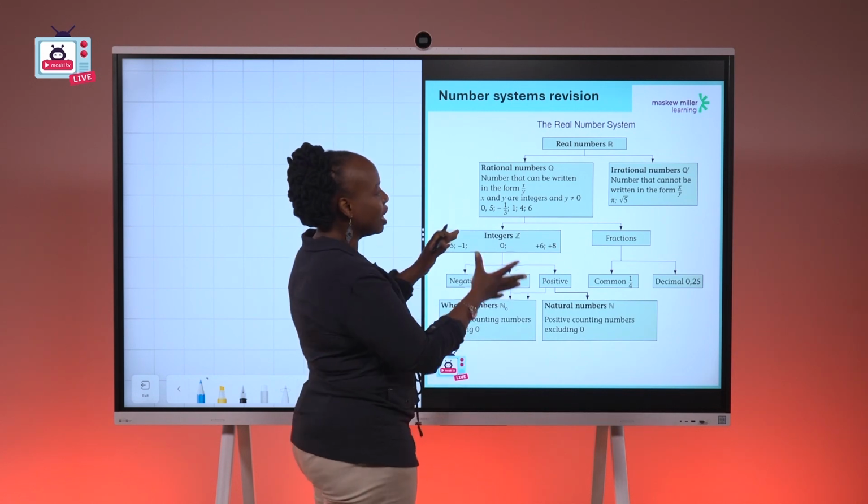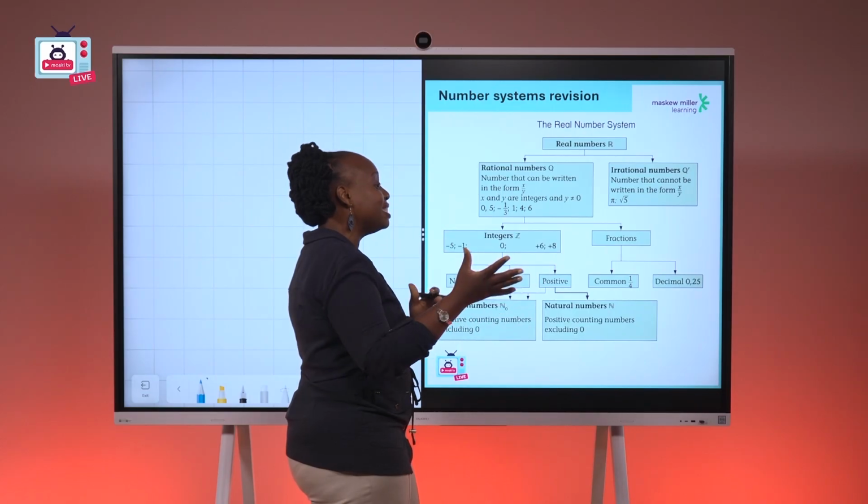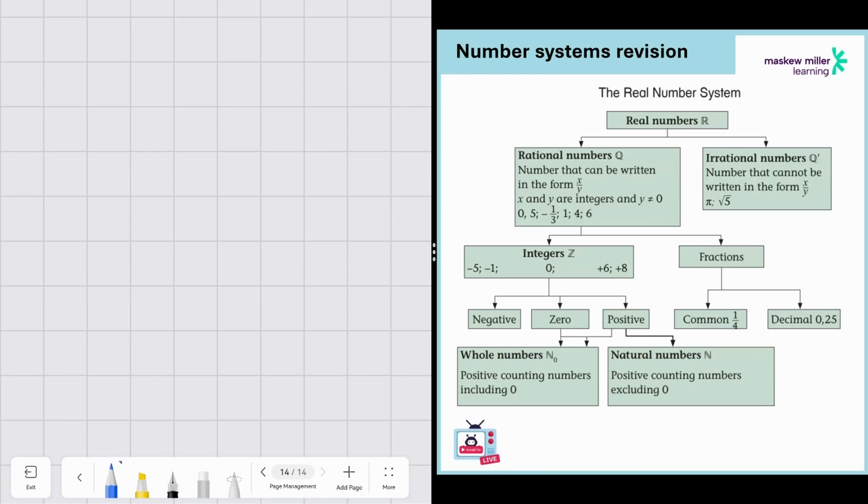Right, so here you can see we have the types of numbers which we call the number system, as a revision from your grade 8. Just remember that we have numbers that we call real numbers, and there are rational numbers and irrational numbers. Rational numbers is the one that has more types of numbers in it.